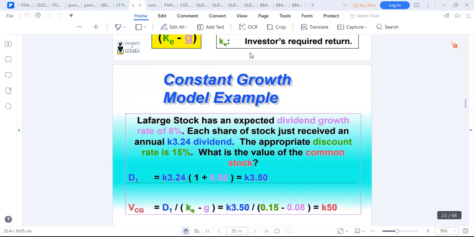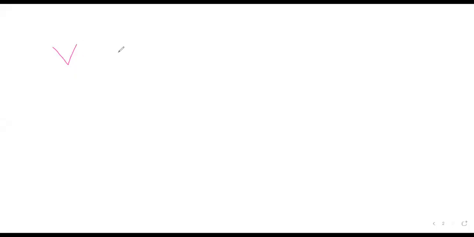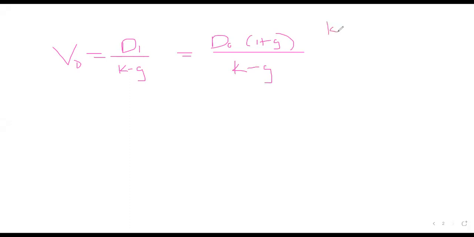To calculate the value of stock, we are given the valuation model, which simply says the value of stock now is D1 over K minus G. Or we know that D1 is the same as D0 times 1 plus growth, over K minus G. Where K is the appropriate discount rate, and G is the growth rate.